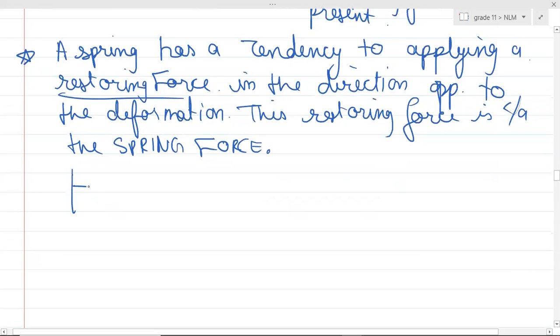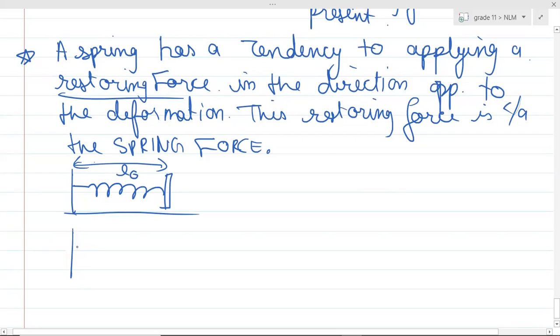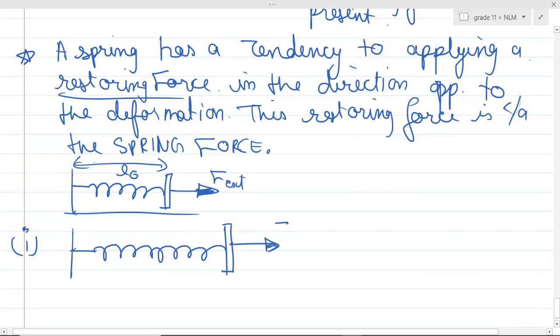For example, suppose I have a spring which is connected to a massless plank or anything like that. Initially, this is at its natural length, let's say L0. Now I can do two things. I can either compress it or stretch it. Let's say in the first case, I'll stretch it. So when I stretch it, will the figure become like this? On applying a force F external, when you deform it, is there a restoring force which acts in the opposite direction of deformation?